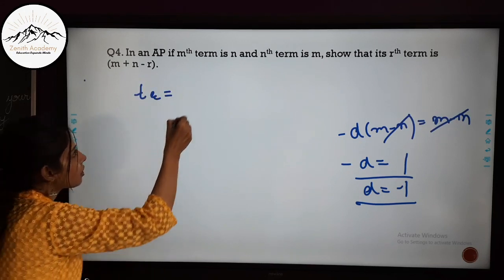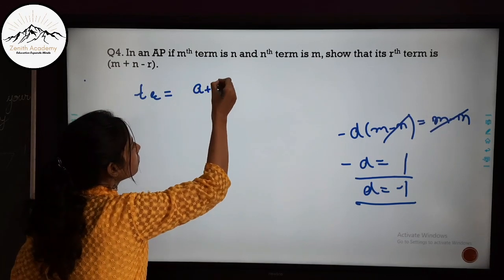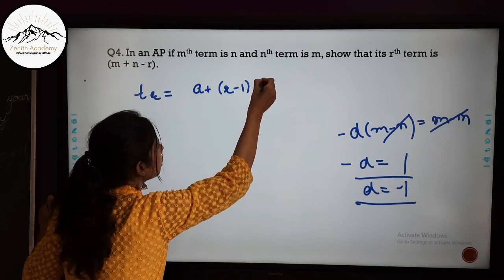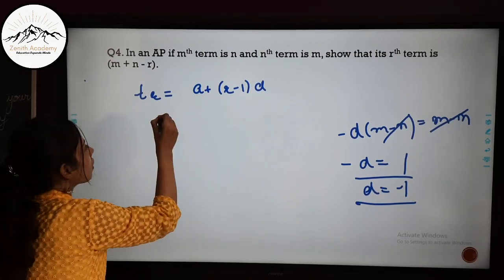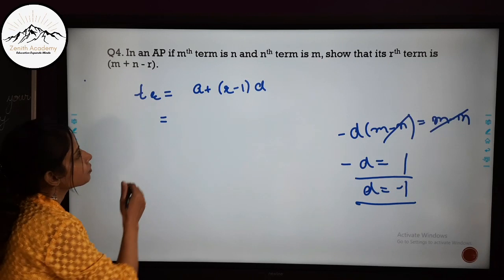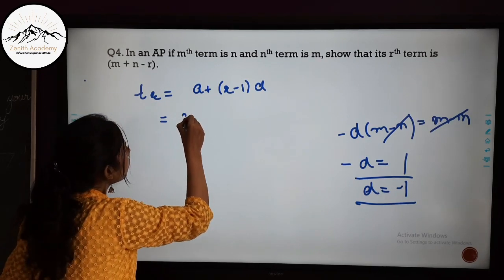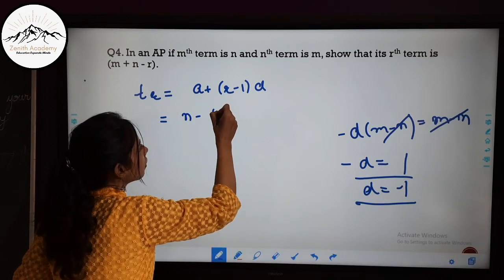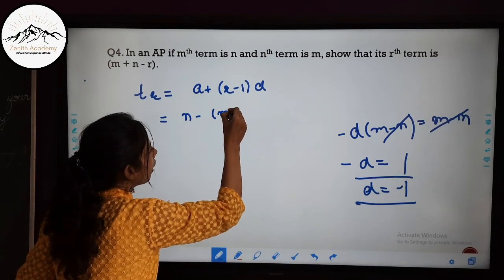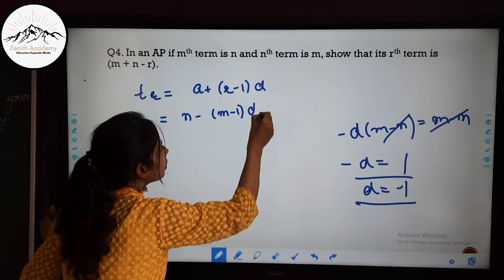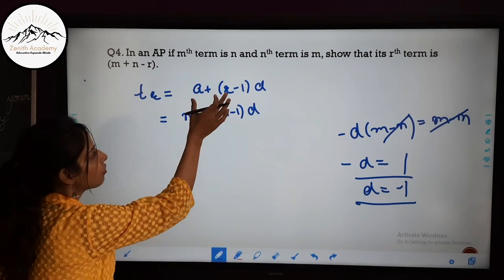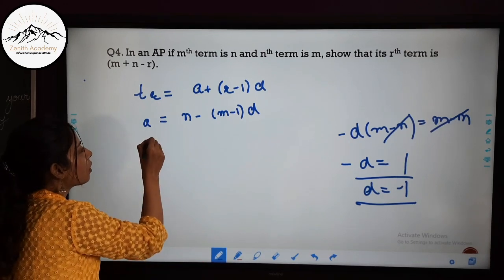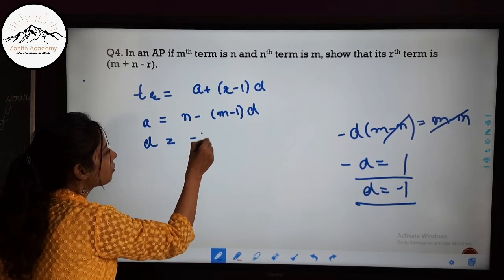The rth term can be written as a plus r minus 1 into d. a we know as n minus m minus 1 into d. d is equal to minus 1.